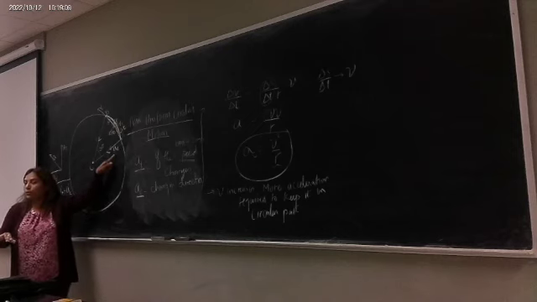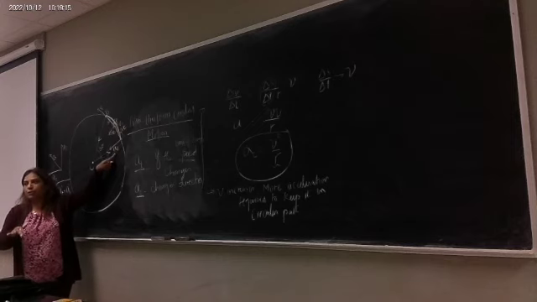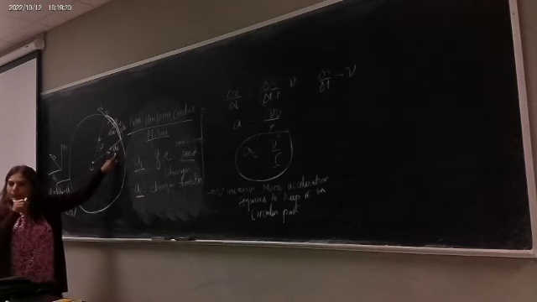AC has nothing to do with anything going faster or slower. AC is generated due to change in direction of velocity.